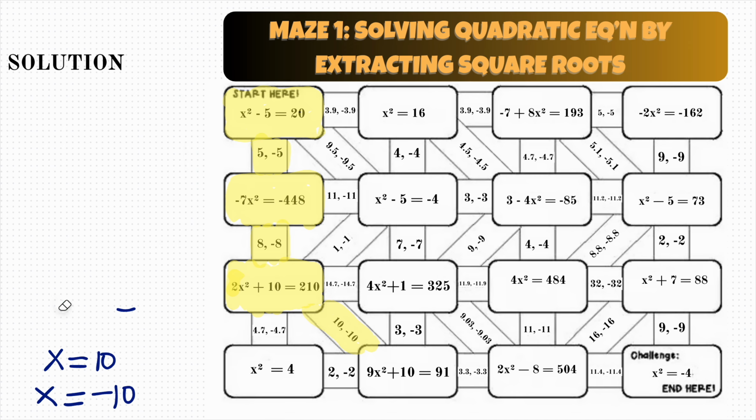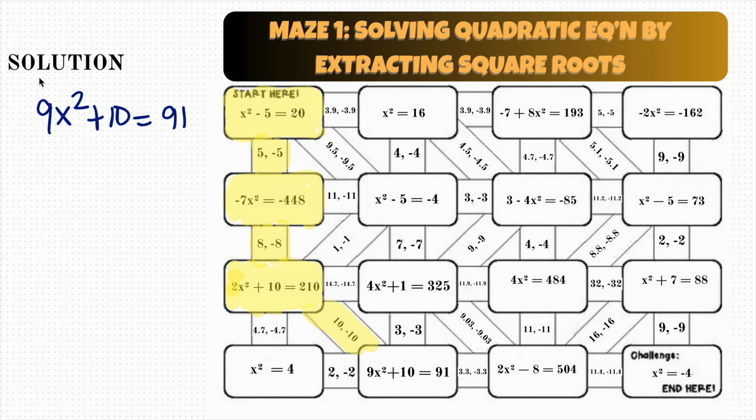The next question, as you can see, is going to be 9x squared plus 10 equals 91. So again, like we did in the third question, we have to subtract, or get rid of, the constant 10 first.